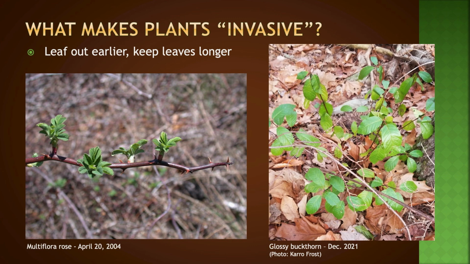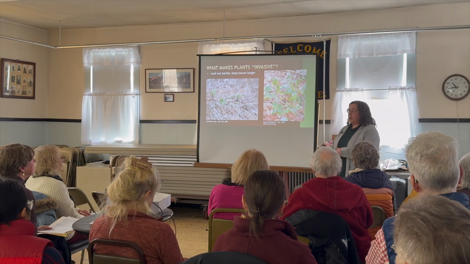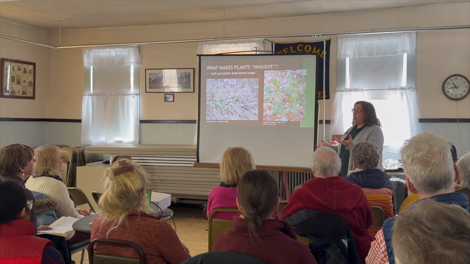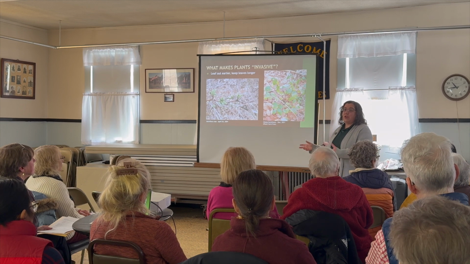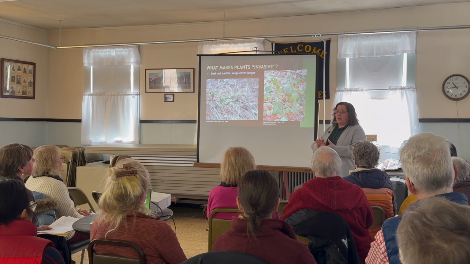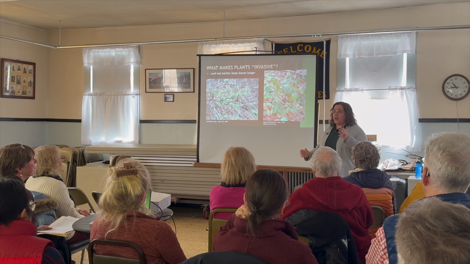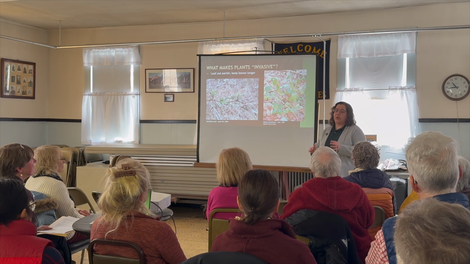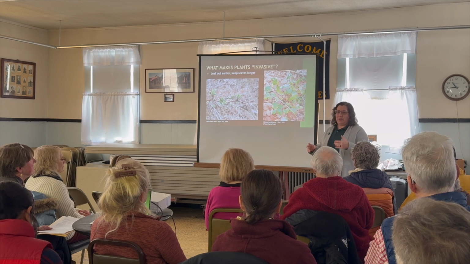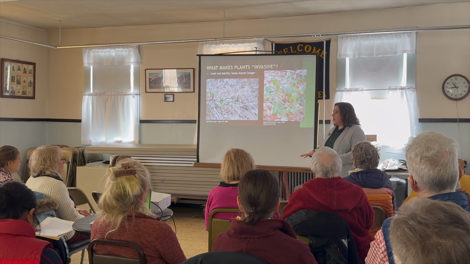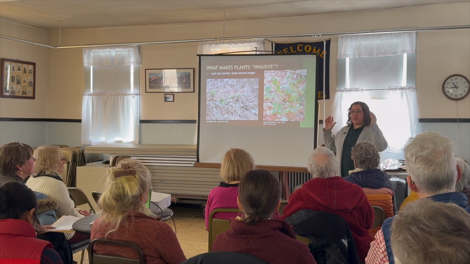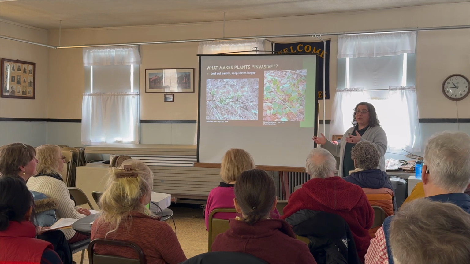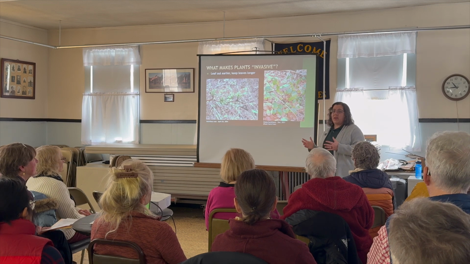And then another thing to look out for, and this is a shot of glossy buckthorn from December, and those leaves are green. So a lot of times if you're in a sort of disturbed area, or if you're driving along a road and you stop in traffic, and it's November or December, so frost has already come, and if you look out into the side of the road, anything that's a green deciduous plant, not things like pine trees that keep their needles year-round, anything that's deciduous that you see growing along the side of the road in December, if it's still green, it's almost certainly going to be a non-native species.